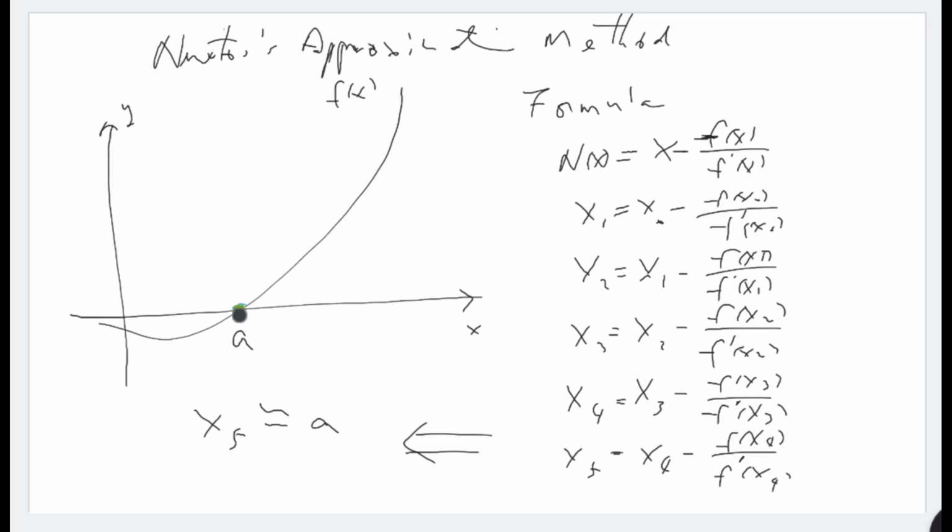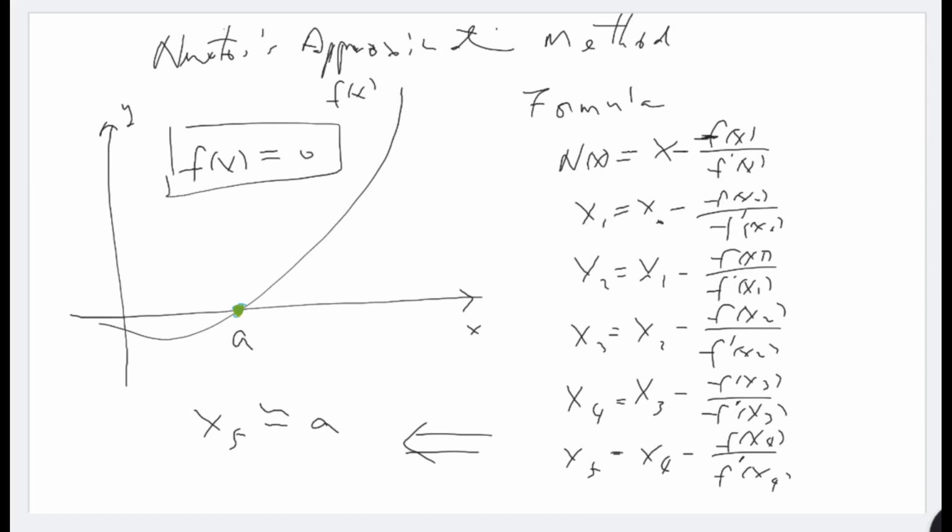That's where the function value is 0, so it's the location. From the graph, we can see that at the location A, the function value is 0. Therefore, A is called a zero of f of x. Mathematically, it is the same as a solution of an equation in the form of f of x equal to 0.